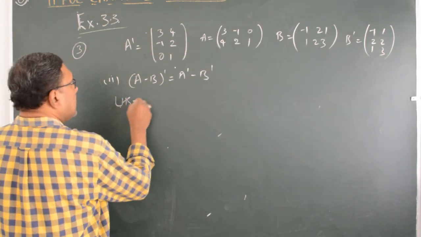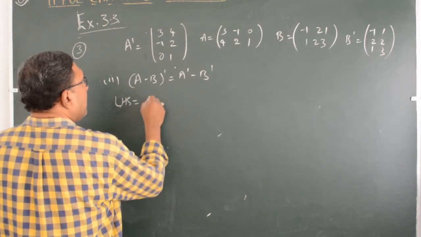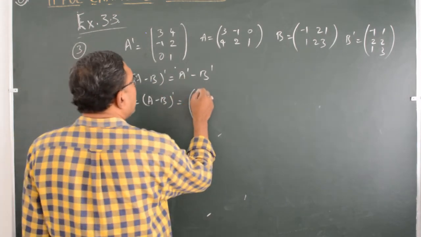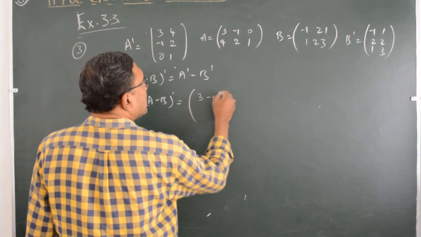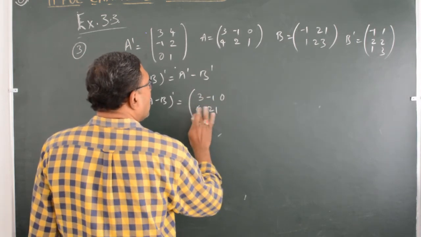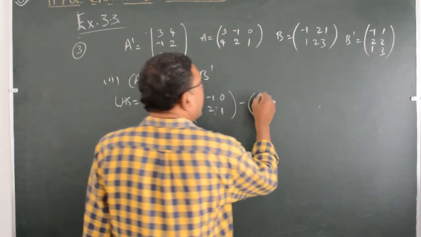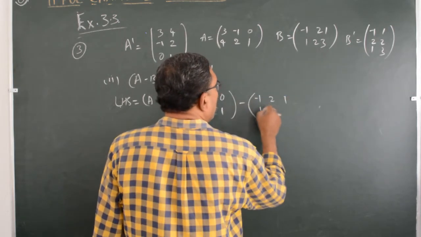LHS is my A minus B, its transpose. Take A is 3 minus 1, 0, 4, 2, 1, minus B, minus 1, 2, 1, 1, 2, 3.